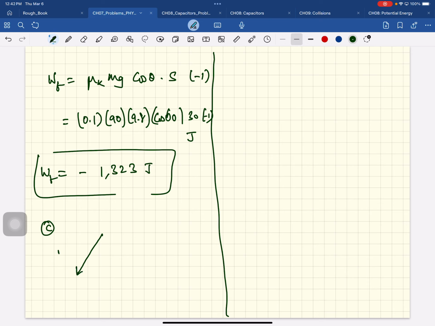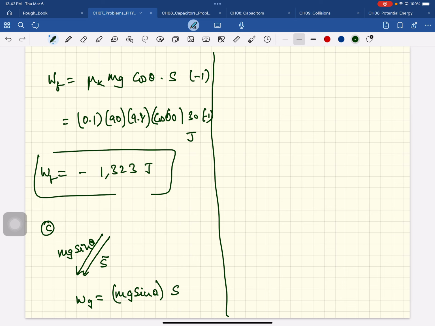This is mg sine theta and the displacement. So the work done by gravity is just mg sine theta, and the angle between the two is 0 degrees, so cosine 0 is 1, times s.